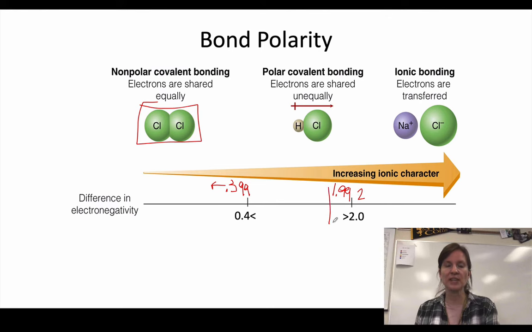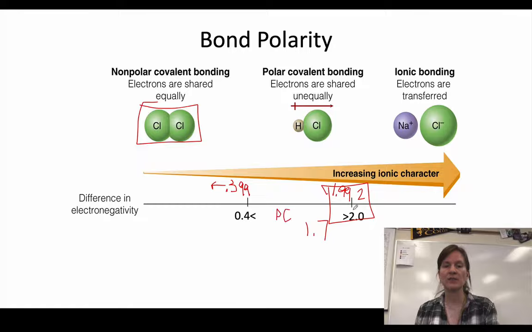Now, truthfully, in this region, it's a question of the size of the atom and its pull, and really what type of bond is created. Do I have a full separation or just a partial separation? So this isn't a hard and fast line from 1.9 to 2. Oftentimes I say from 0.4 to about 1.7 is for sure polar covalent.